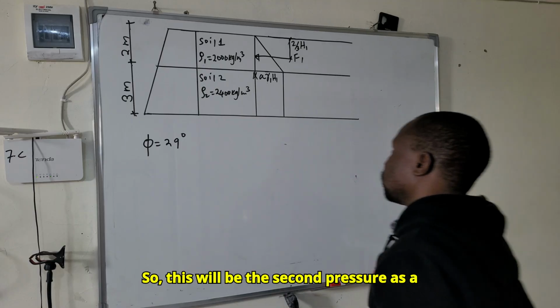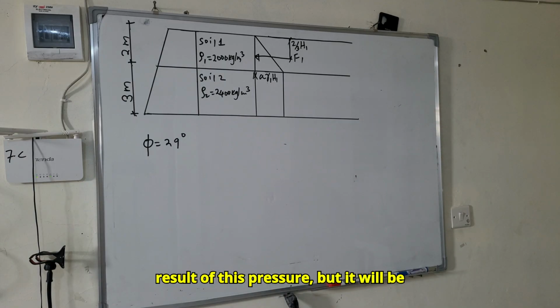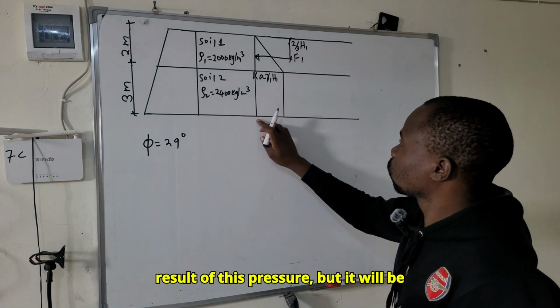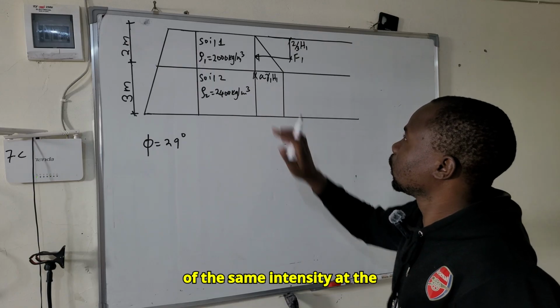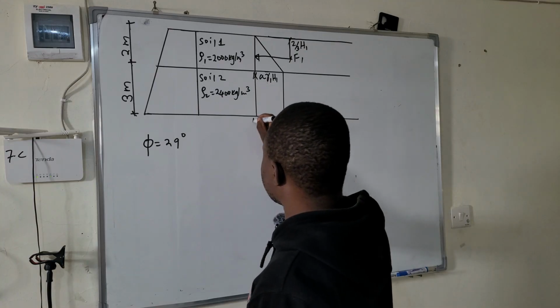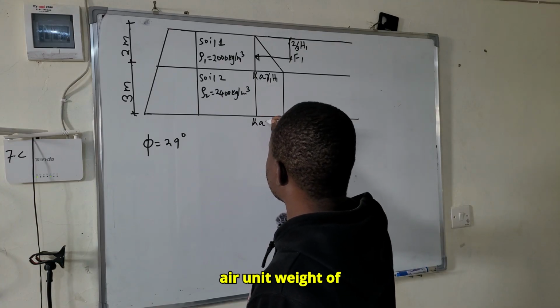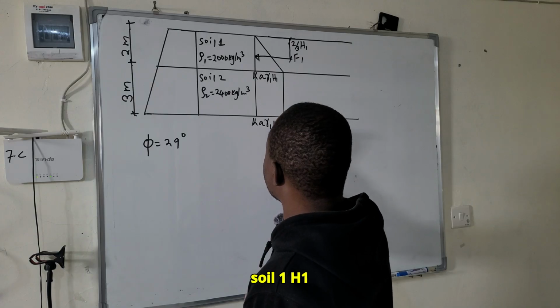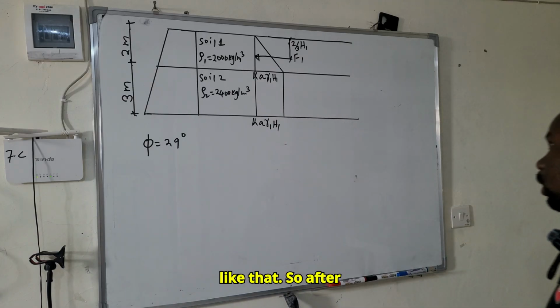So this will be the second pressure as a result of this pressure, but it will be of the same intensity at the bottom. So this is K A times unit weight of soil 1 times H1, like that.